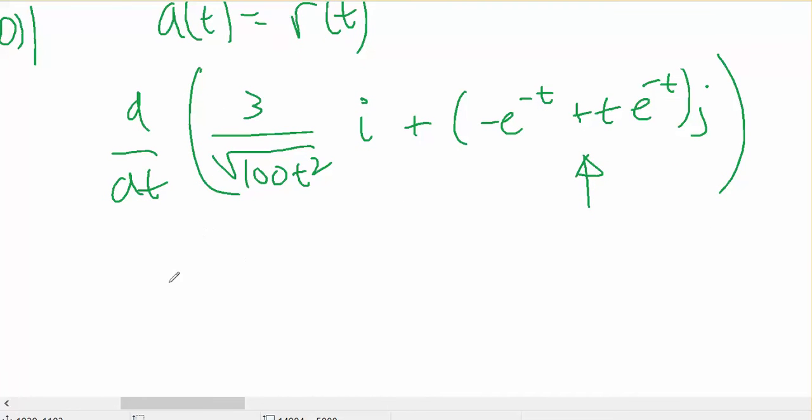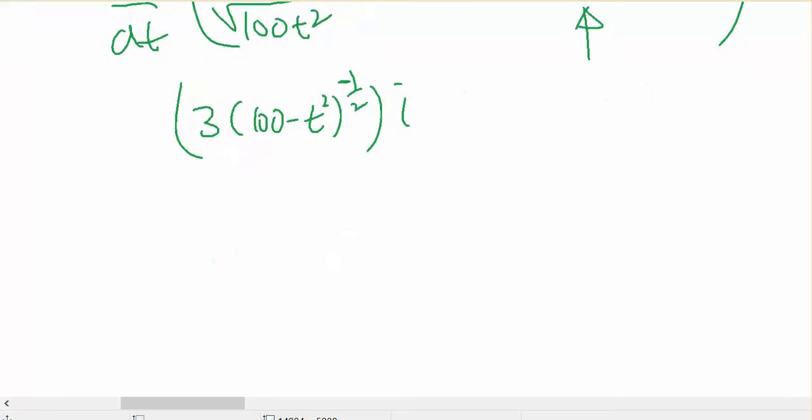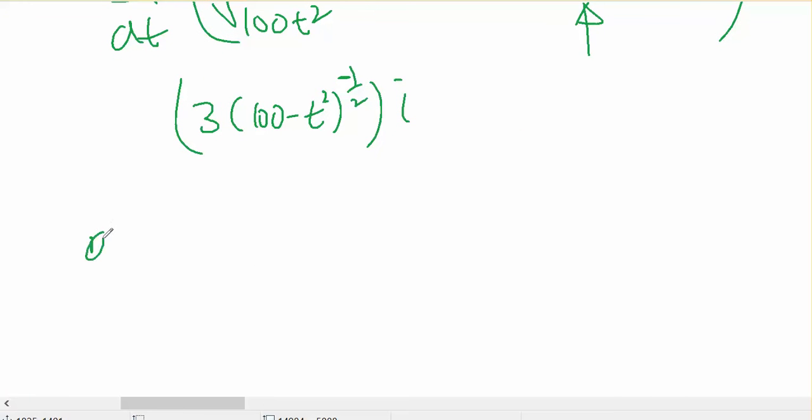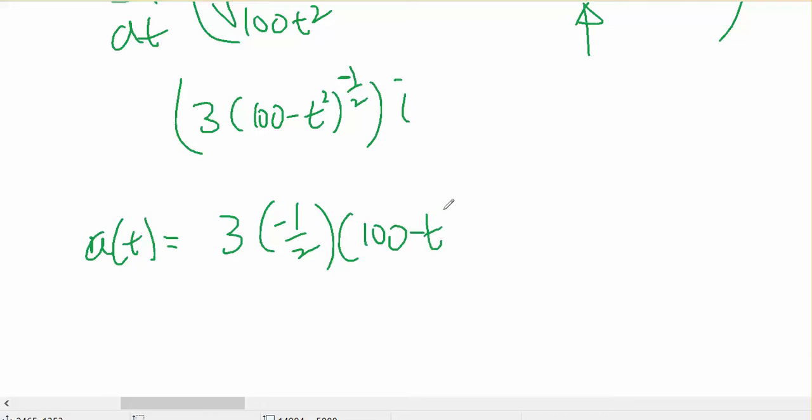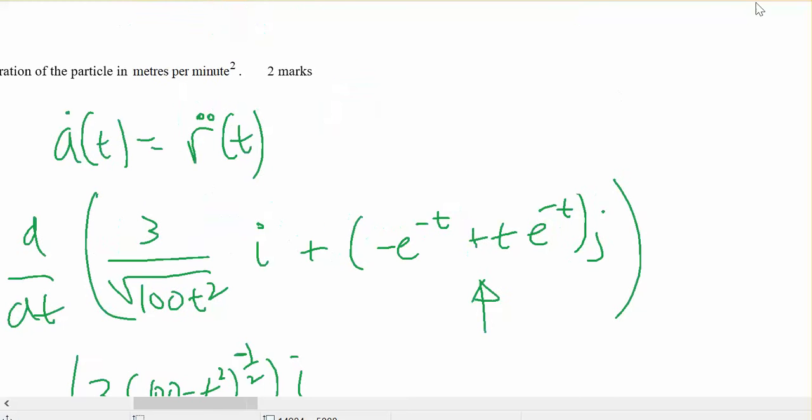So I've got effectively 3 times (100 minus t squared) to the negative half in the i. So the derivative of that, a of t, should equal 3 times negative a half times (100 minus t squared) to the negative 3 on 2, times minus 2t, all in the i.